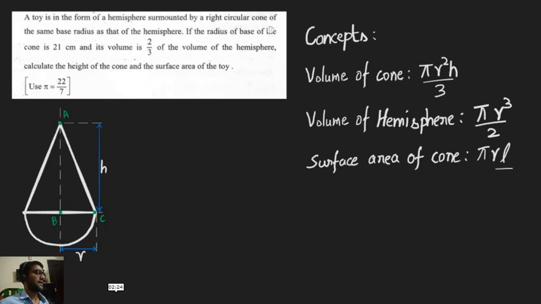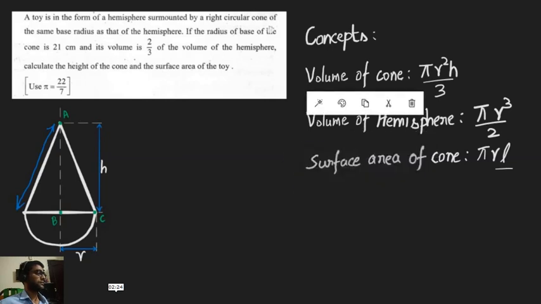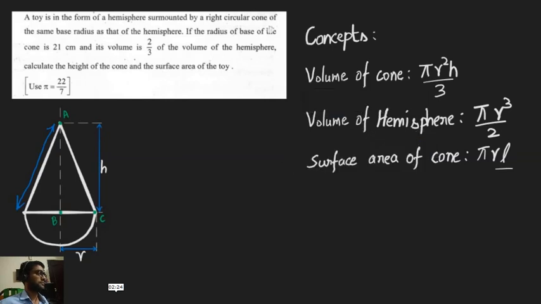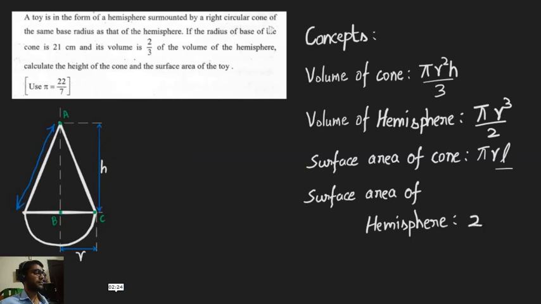L is the slant height of the cone. The slant height is as shown in the diagram. So this slant length is the slant height of the cone, whereas h is the vertical height of the cone. Now the surface area of the hemisphere. Surface area of hemisphere is equals to 2 pi r square.